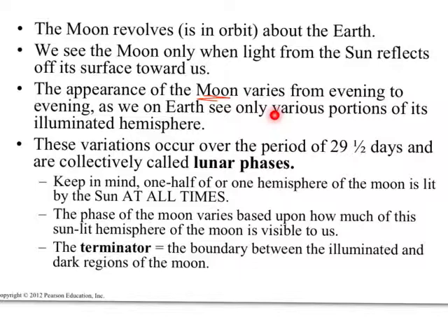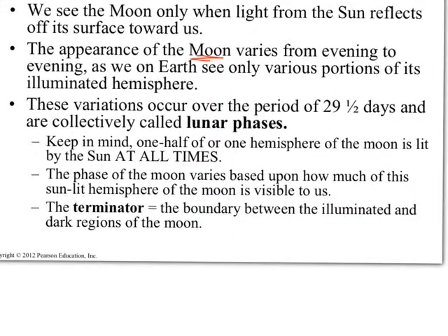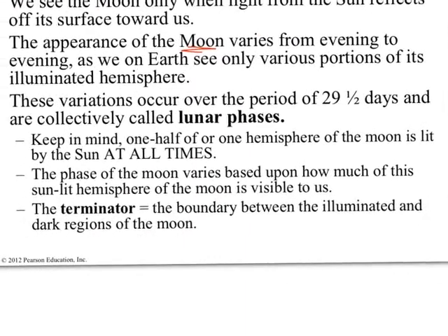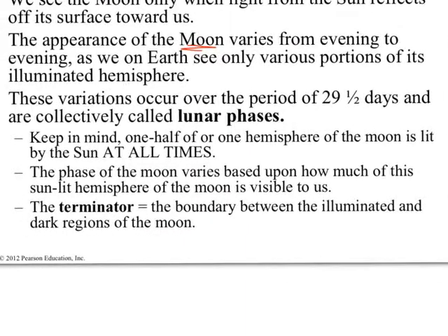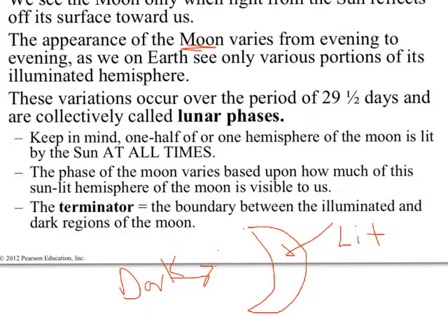One other thing before we get started. When we look up at the Moon and it's not a full moon, there's what we call a terminator. I'll draw a little picture of a crescent. As I've drawn it, we all infer that this is the lit side and this is dark, but the boundary between the lit and the dark side is called the terminator.